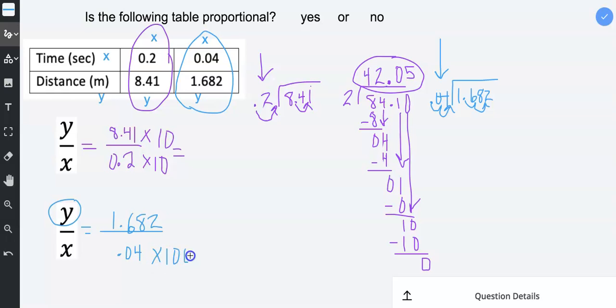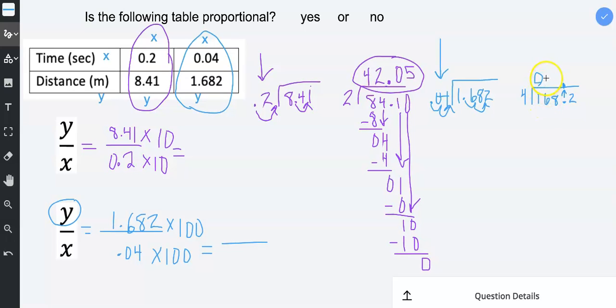And if you multiply the denominator by 100, then you would have to multiply the numerator by 100 to keep the fraction equivalent, to keep this ratio equal to this ratio. So that's why when you move this decimal, you also have to move this decimal. So on the outside, we end up with 4, and on the inside, the decimal ends up between that 8 and the 2. And I'm going to go ahead and bring that decimal up to the top so I don't forget about it.